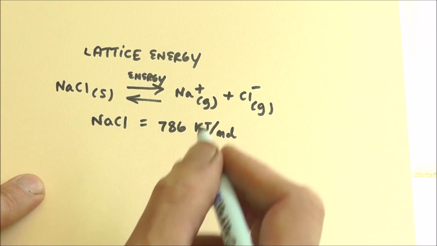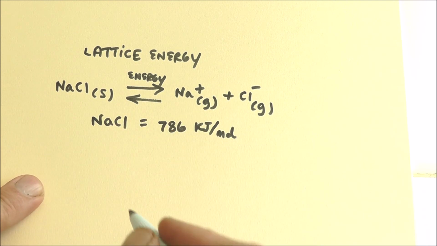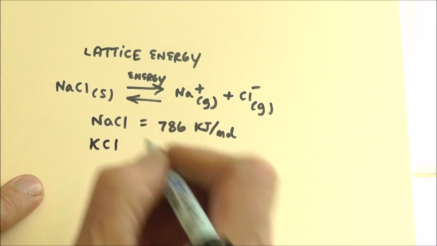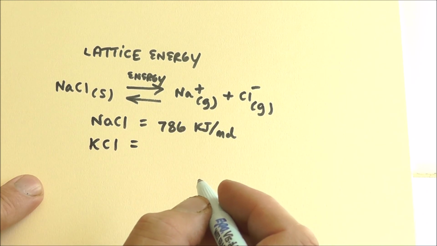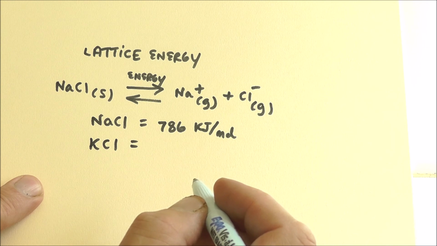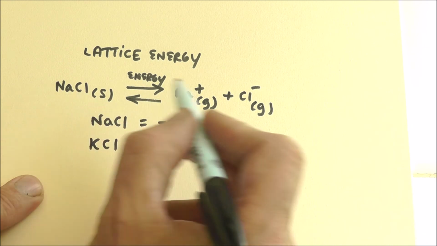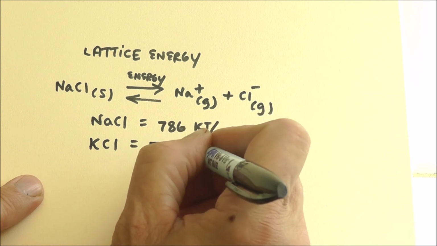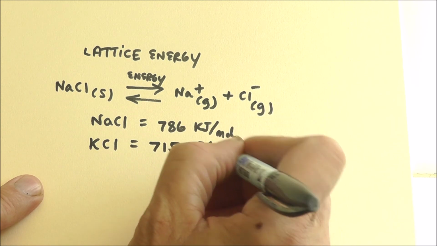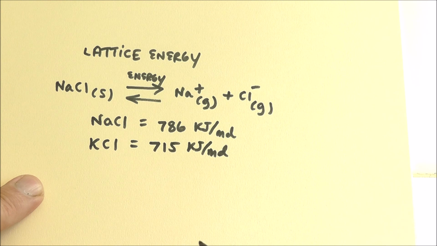So that's why that's such a huge number. Now, potassium chloride. That potassium ion is bigger, and so it would therefore require less energy to separate the charges, and you'll find out that the literature value of that is smaller. So it's sort of the same trend as melting points.